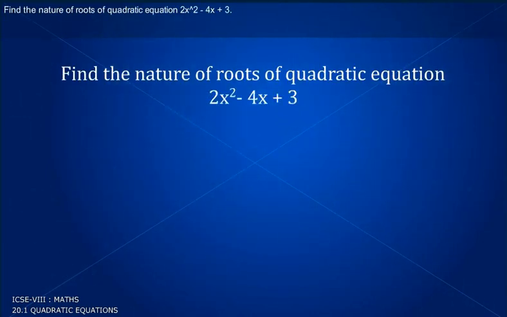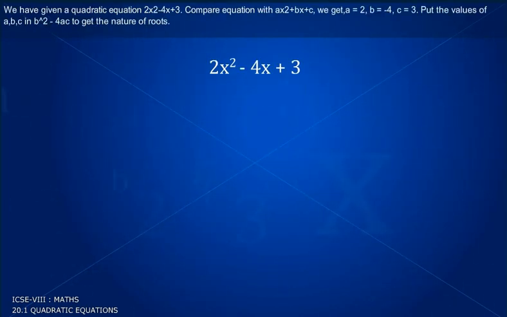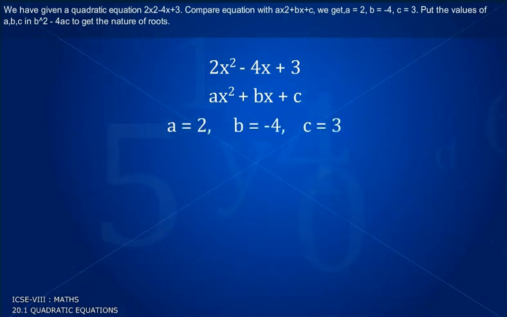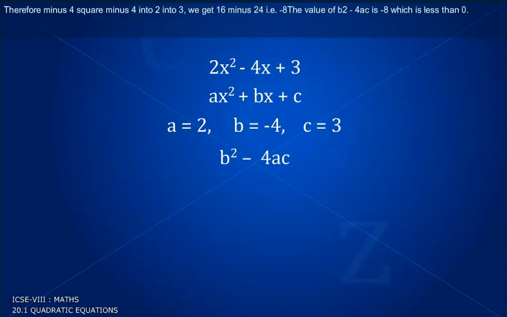Find the nature of roots of quadratic equation 2x square minus 4x plus 3. We have given a quadratic equation 2x square minus 4x plus 3. Compare the equation with ax square plus bx plus c. We get a is equal to 2, b is equal to minus 4, c is equal to 3. Now put the values of a, b, c in b square minus 4ac to get the nature of roots. Therefore, (minus 4) square minus 4 into 2 into 3.